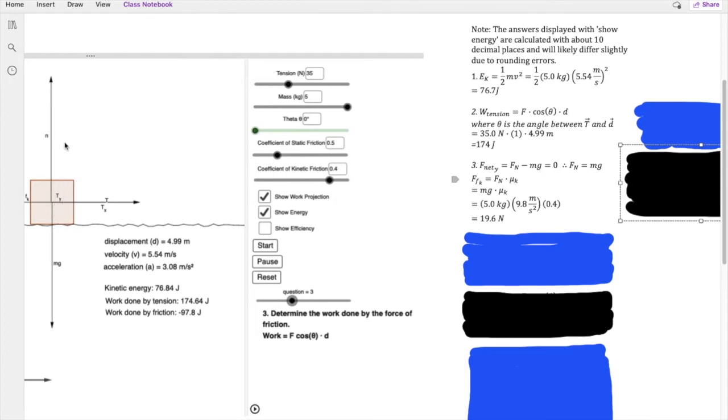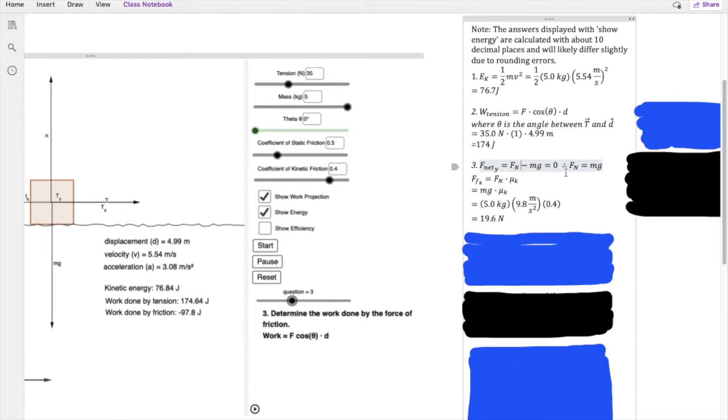The reason we need that is because we need the normal force to calculate the force of friction. Since the block is not accelerating upwards or downwards, we know that the net force acting on the block is 0. The forces acting on it are the normal force upwards, and downwards we have the force of gravity, which is just m, the mass, times g, which would be 9.8 meters per second squared.